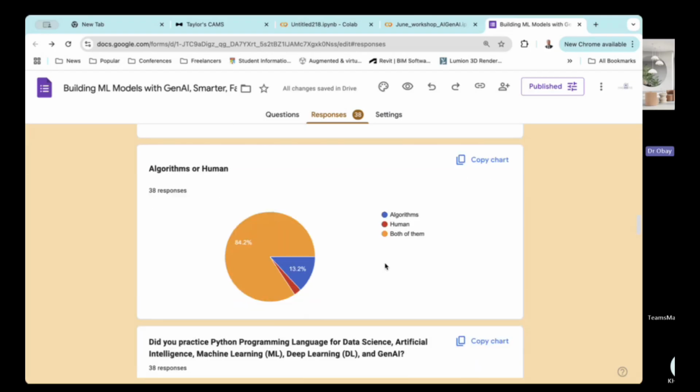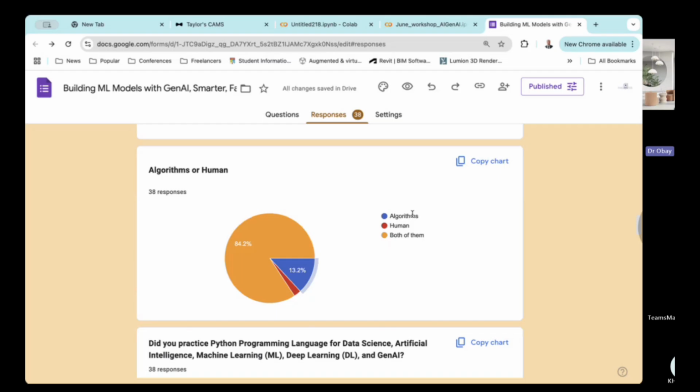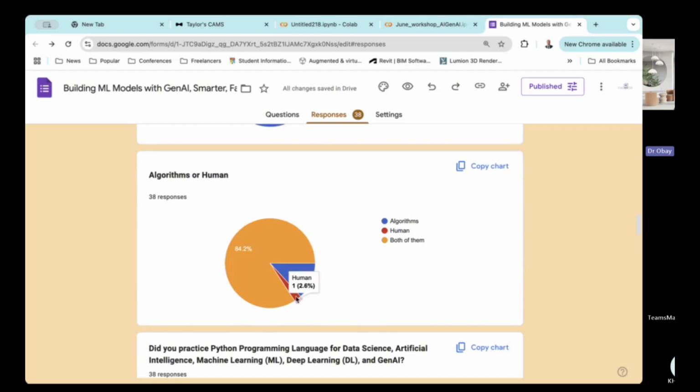Algorithms or human? The majority agree on both. Then we have 5 of you who preferred algorithms over humans. Thank you. And then we have 1 of you who believes in the human overall. I want to share with you the reality from someone coming from this field, doing the training and the practical work.